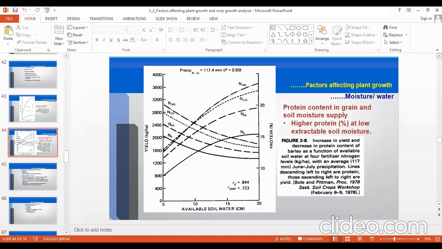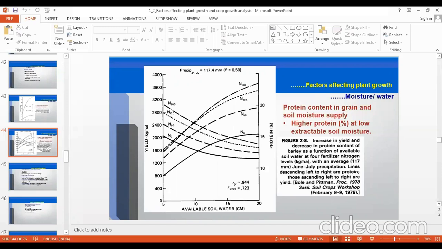Sir, according to the inverse yield nitrogen law, I think this is applicable for all the crops. No. Actually, there are a lot of exceptions to the inverse yield nitrogen law. Somebody will teach you. A lot of exceptions are there.